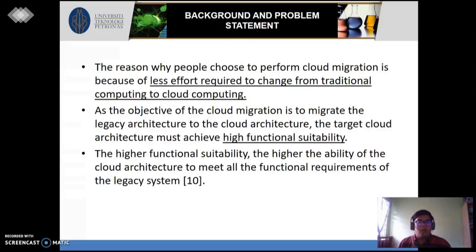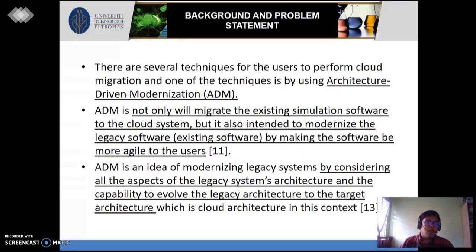The target cloud architecture must achieve high functional stability. The higher the functional stability, the higher the ability of the cloud architecture to meet all the functional requirements of the legacy system. There are several techniques to perform cloud migration, and one of them is architecture-driven modernization, which we call ADM. ADM will not only migrate the existing simulation software to the cloud, but is also intended to modernize the legacy software by making it more agile for the user.